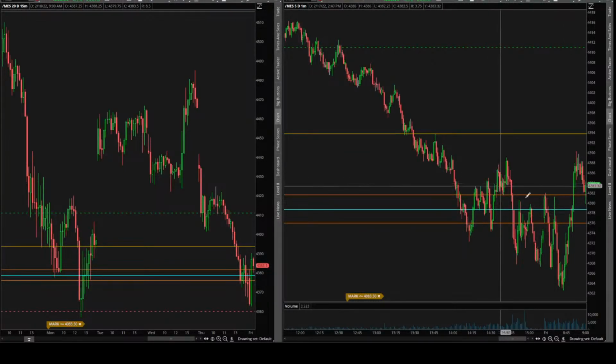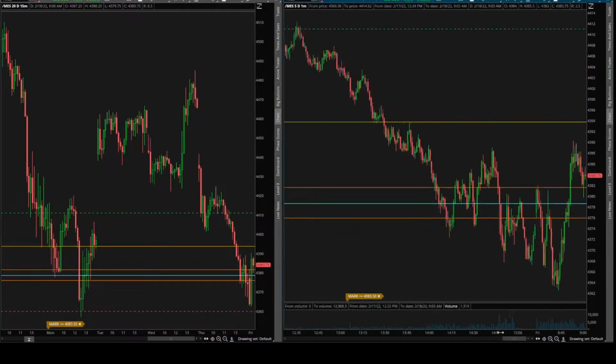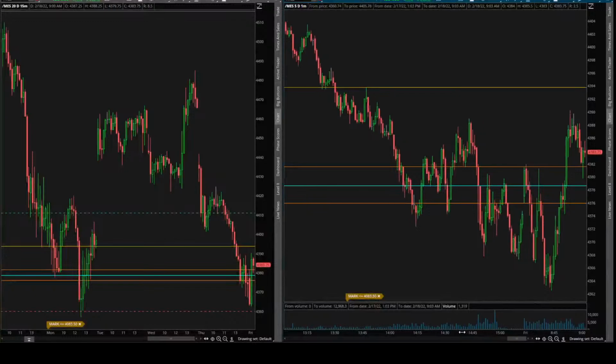If I had another working order right here, I'm going to remove that. So let's see what we can do here. At this spot, I'm wrong below 74. So if we come back through the opening range, come down here, then I'm wrong. I may add, depending on how things look down here, if we can hold.